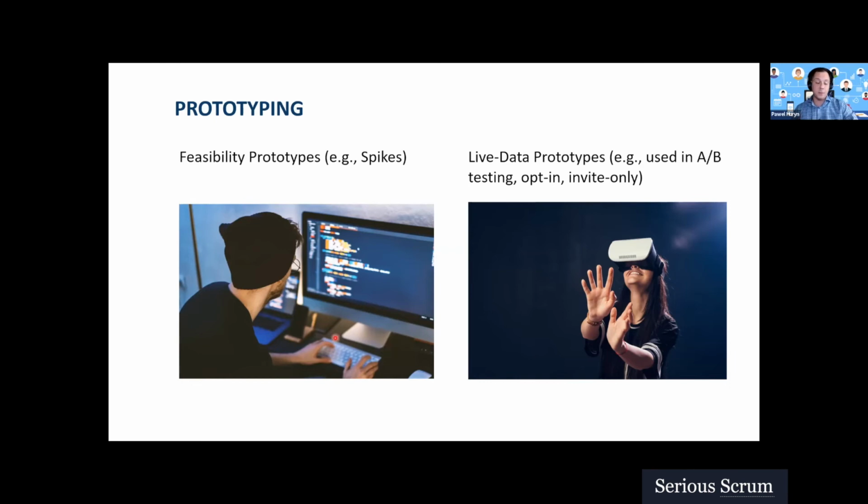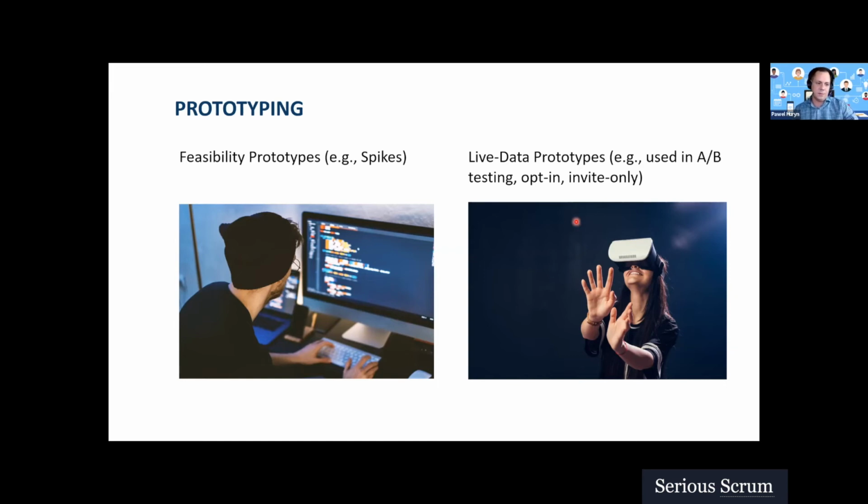But what's important is that we want to connect live data from the production system and test how users will interact with it. So sometimes it's used as A/B testing. Honestly, I did it once or twice, and it was invite only.